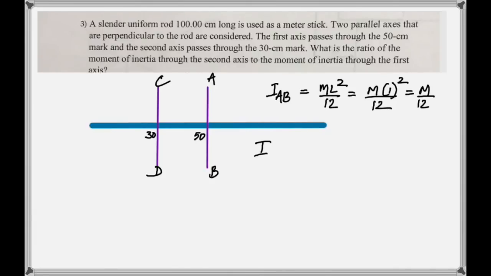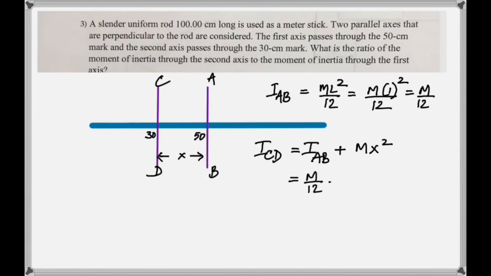And then using the parallel axis theorem, ICD is equal to IAB plus mass times the square of the distance between the two axes. And in this case, the distance x is 20 centimeters.